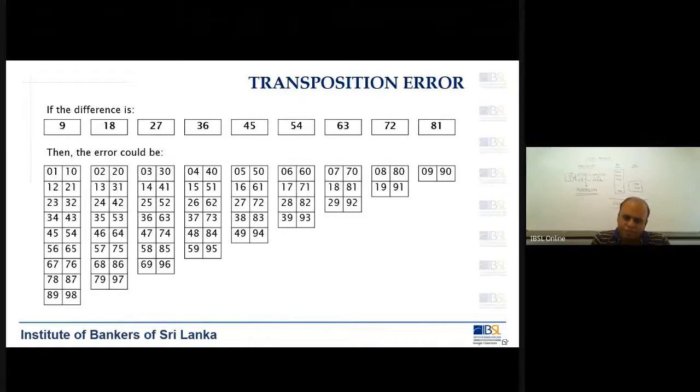If there is a difference, and if the difference is expanded and added, and you reach the single digit of 9, then you can conclude that it is a transposition error. So what you have to do is simply go back and look at all the numbers that you have taken into the trial balance, whether there is this inversion.